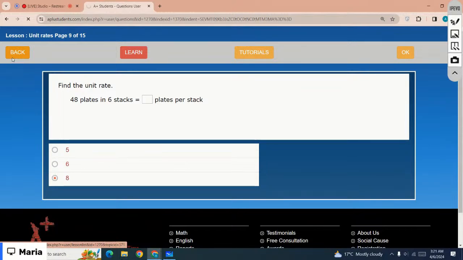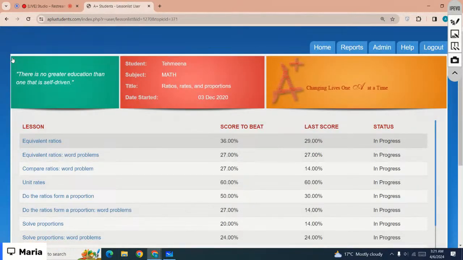The next lesson is, the next one is you have to do the ratios from a proportion.